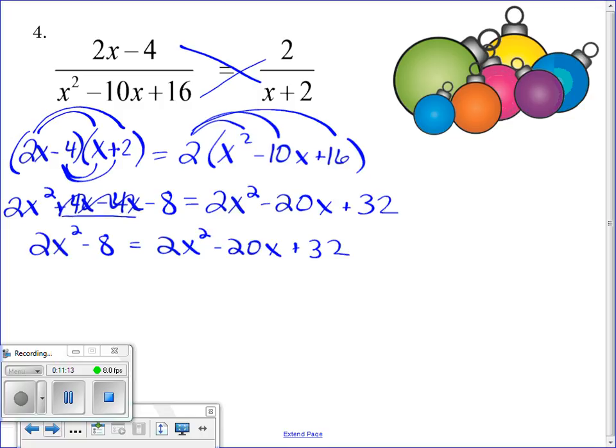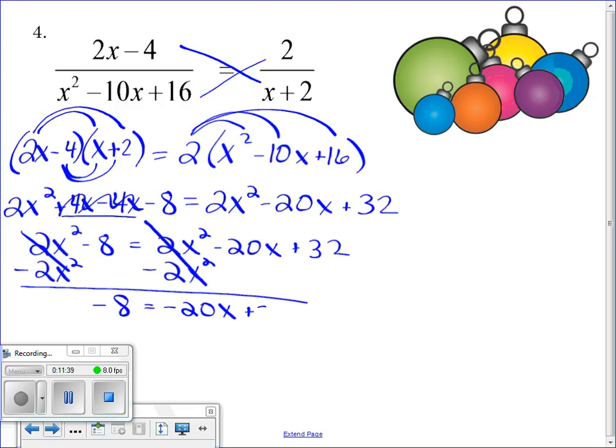Do I set this equal to 0? It's got an x squared. It cancels out. Yeah, if I go to try to set this equal to 0 and I subtract 2x squared to move this, what happens to your x squared? It actually cancels out. So do I have to set it equal to 0? No, I don't. So let me just rewrite. We'll kind of go baby steps here, what I got left going on.